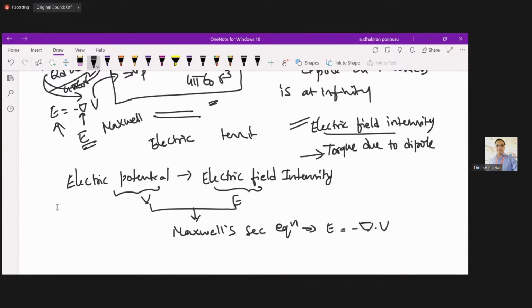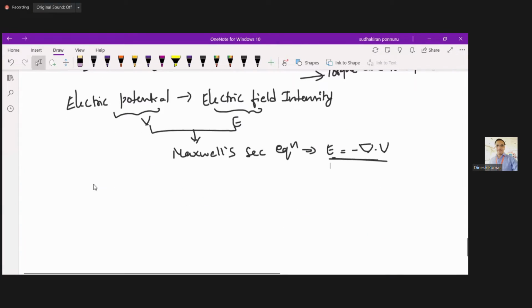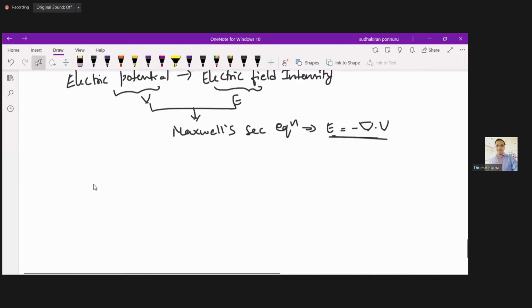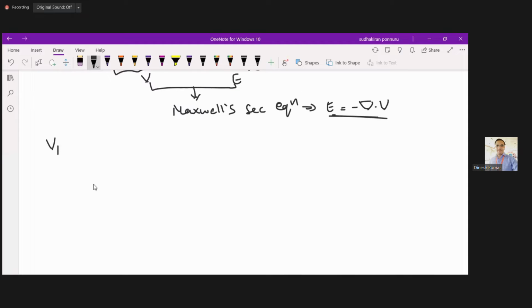Therefore, we are going to take the formula we have already derived, that is Vp is equal to Qd cos theta divided by 4 pi epsilon naught r square, and apply the del operator on it.